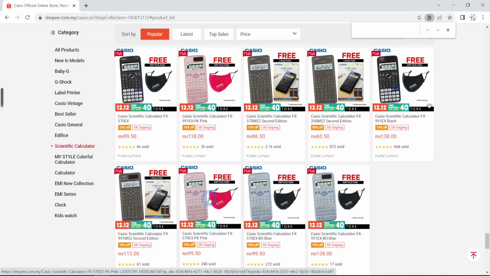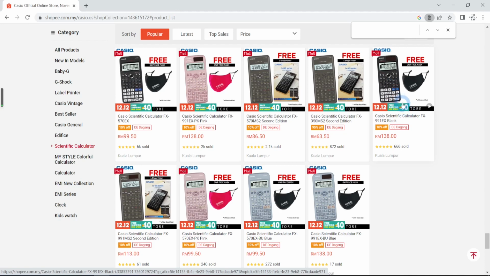You will notice that there's another model of calculator which looks very similar to FX570EX, which is FX991EX. These 2 calculators actually have the same functionality. What is different is, for FX991EX, this is a two-way power calculator, which means that you can use solar energy or battery.